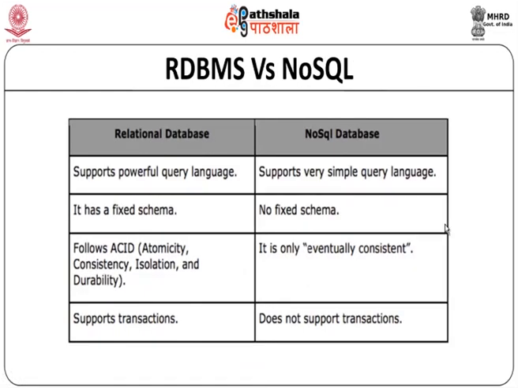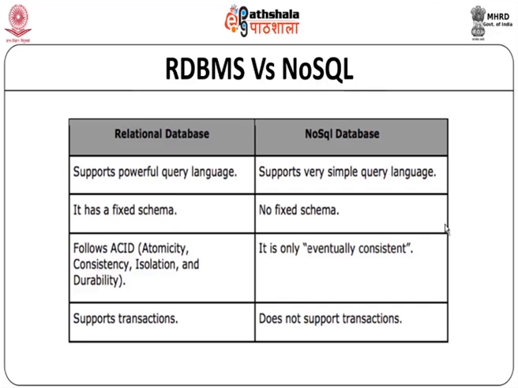Let us understand what is the difference between relational database management system and NoSQL. Relational databases support a powerful query language, which is not available in NoSQL databases. Here, the query language is going to be very simple. Anyone can easily understand and make use of it for querying. Secondly, relational databases have a fixed schema, which is not present in a NoSQL environment, that is, there is no fixed schema.